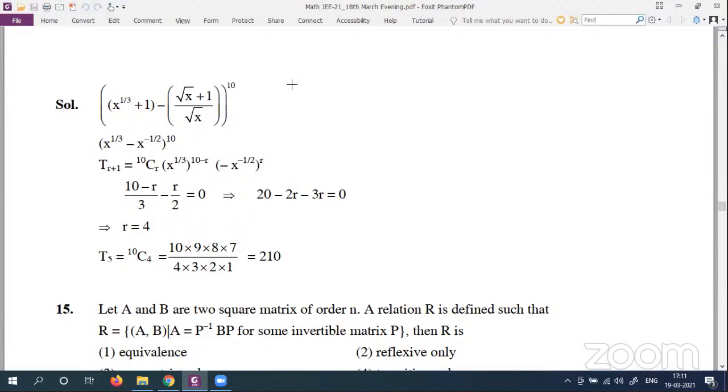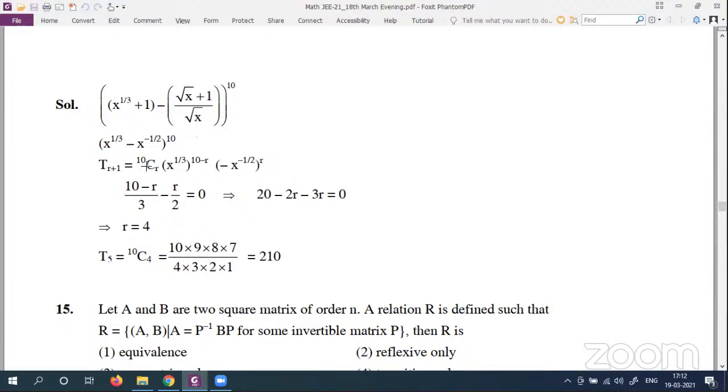So the whole given term will be simplified to the form x power 1 by 3 minus x power minus 1 by 2, whole power 10. So simplify the given question to this form. Once you simplify the given question to this form, it becomes easy and simple.